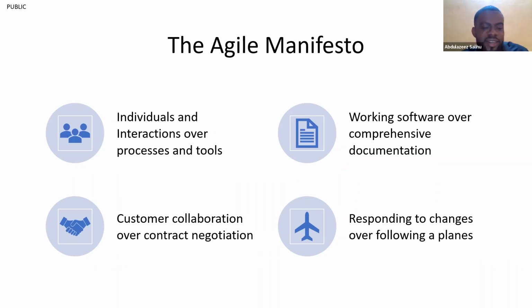We're better off interacting together and taking ideas from each other, rather than saying this is our process and these are our tools. The next Agile Manifesto value is working software over comprehensive documentation. Instead of preparing a BRD, SRS, or whatever name they call it, a bulky document, why don't you prepare a user story? Just get the user to tell you a story of what they want to achieve.